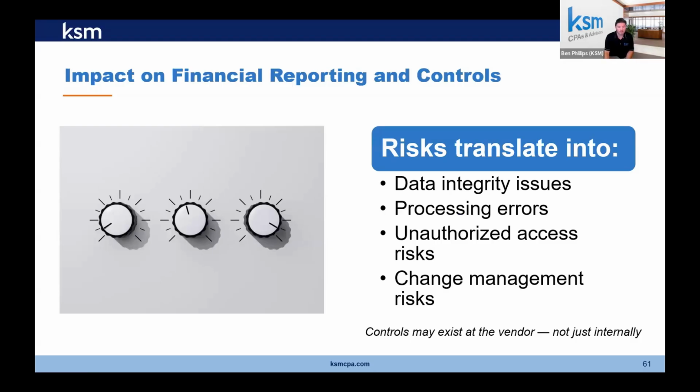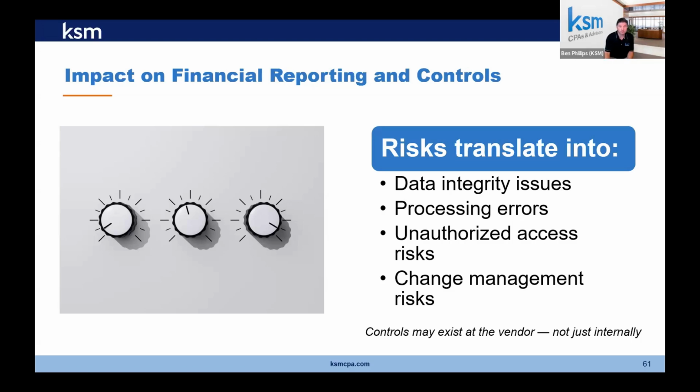All right, so impact on financial reporting and controls. This slide highlights the direct internal control implications. Many controls that support financial reporting may actually exist at the vendor. For example, system access controls, change management, transaction processing controls, backup and recovery controls, or interface controls.